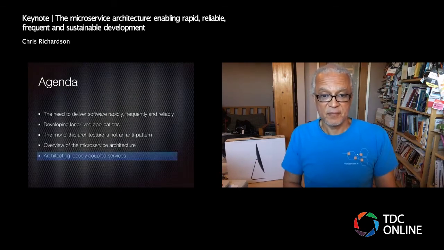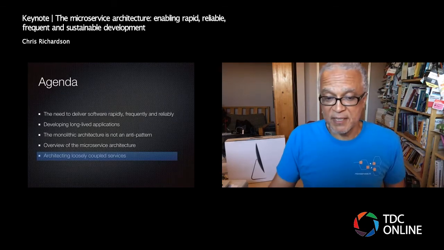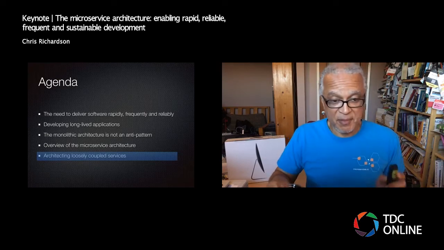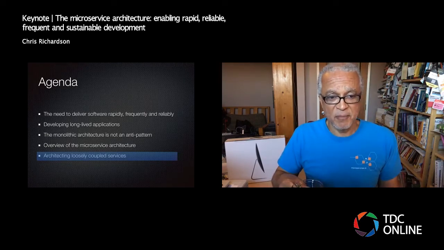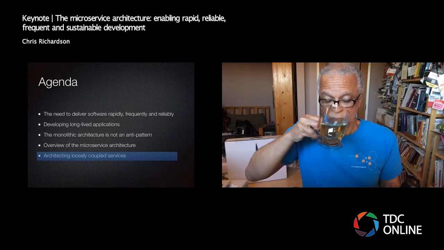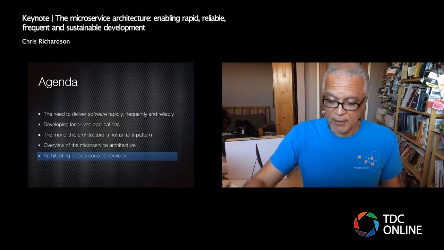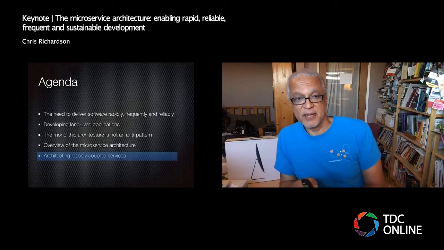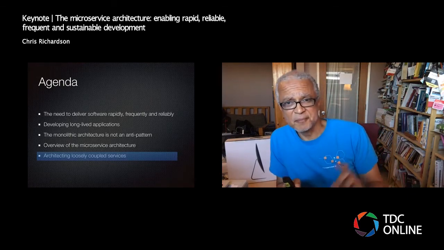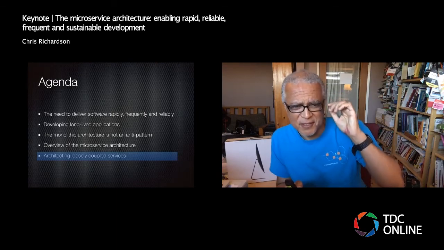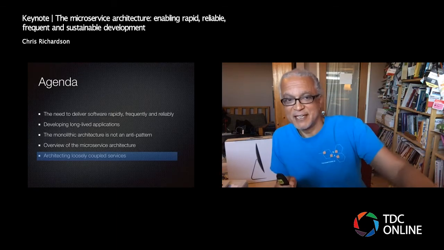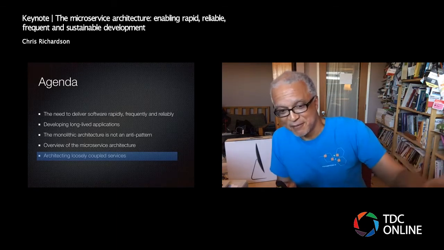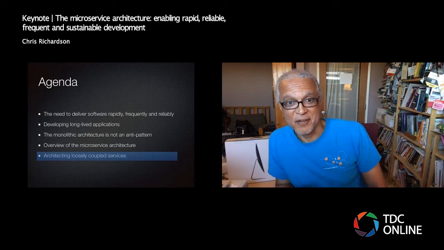Okay, so I've got a few more minutes left, and I want to finish up with talking about one key topic, which is namely this issue of loose coupling. I'm sure many of you have heard about Conway's law. I forget when this law was written down, but I think it was 40, 50 years ago, quite a while, right?